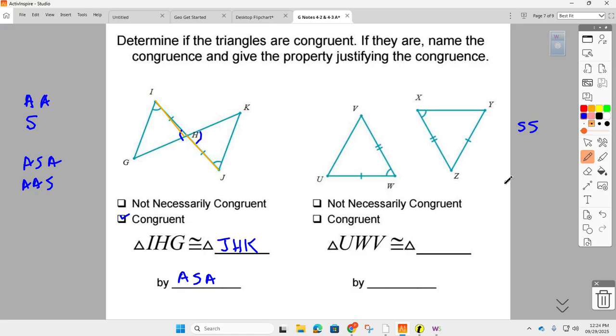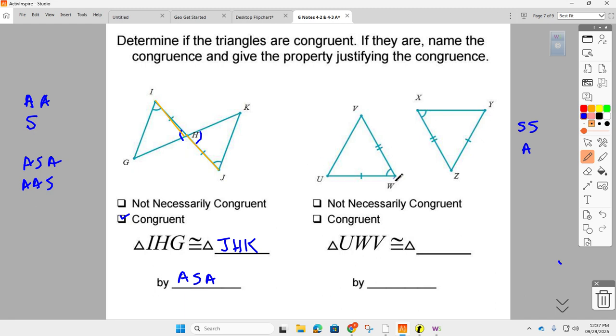So 1 angle. We really only have 1 option for congruence, right? That's side, angle, side. So in both of these triangles, is the angle included in our side?